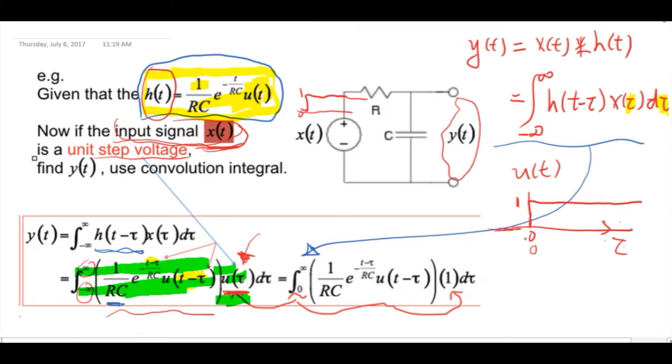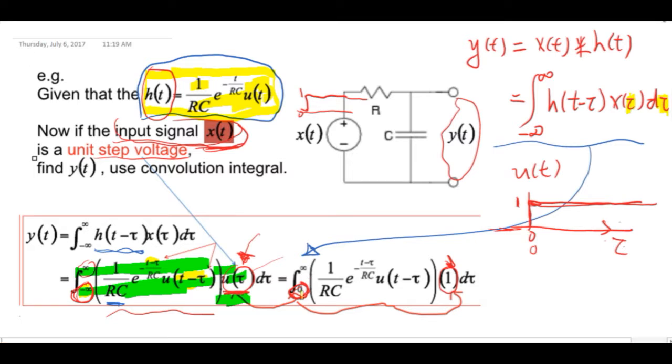In that sense, we should be able to replace the lower limit from minus infinity to 0. By replacing that, we know it starts from 0, so we replace this term by 1, and the other by 0, and we are able to simplify.